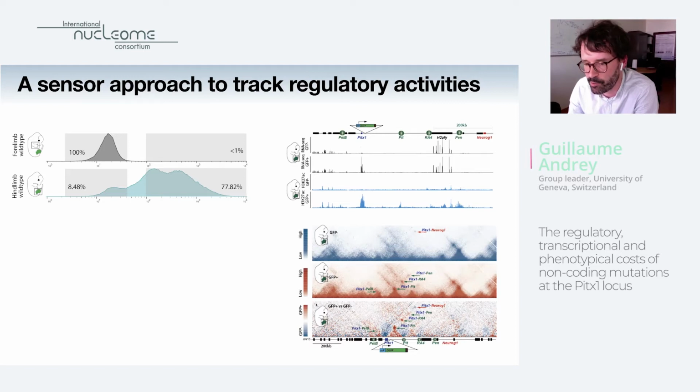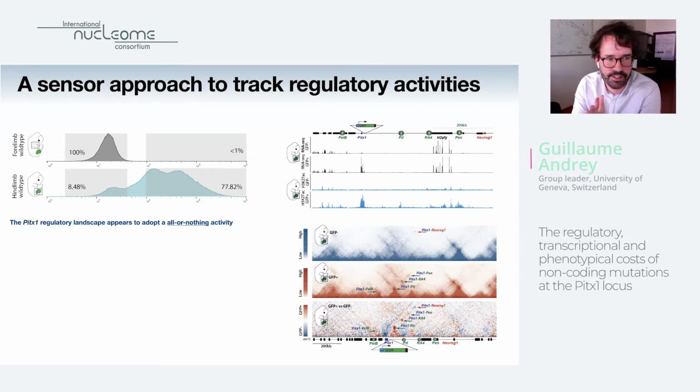And you can see here with the subtraction map the really strong difference in chromatin contact between these two cell types. So we concluded that the Pitx1 regulatory landscape appears to adopt an all or nothing activity. It means that we don't see marks of enhancer activity in transcriptionally repressed cells.